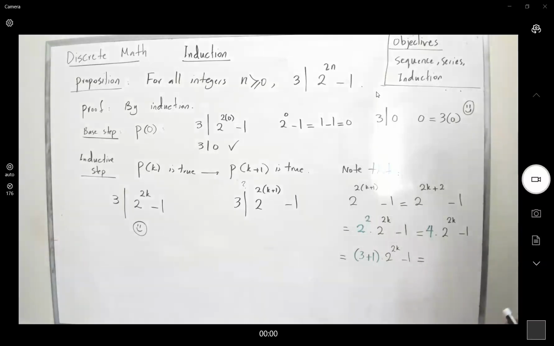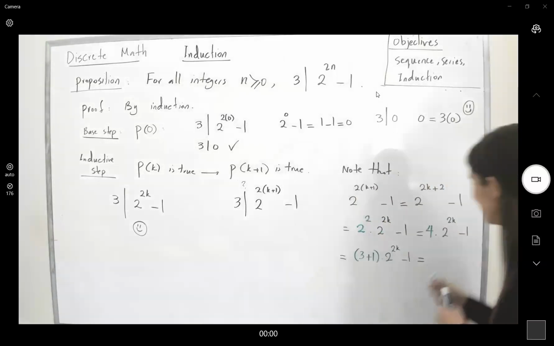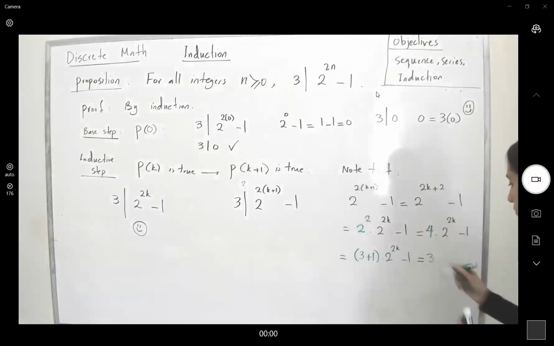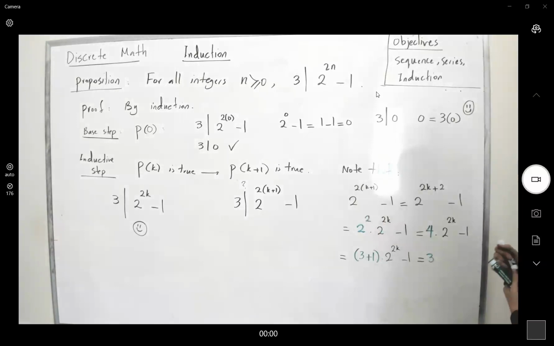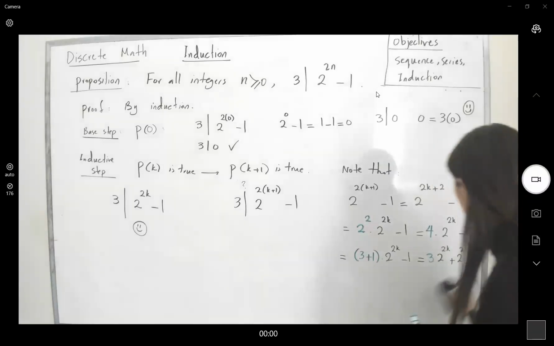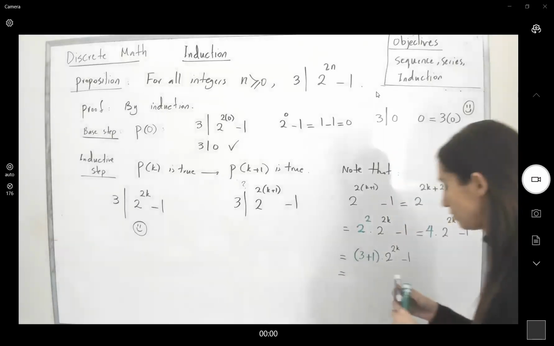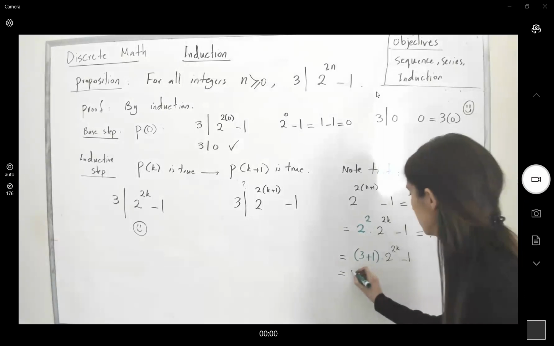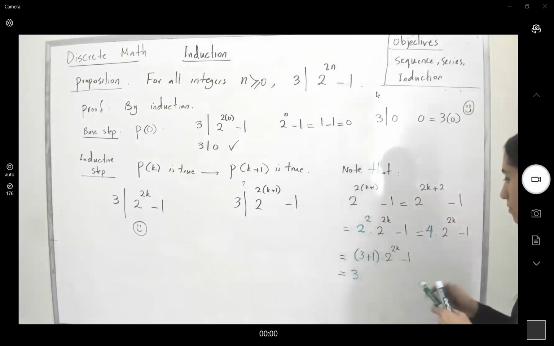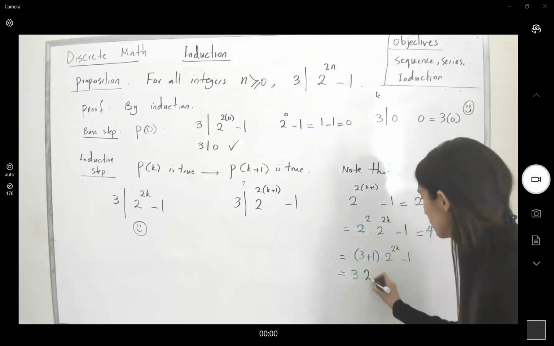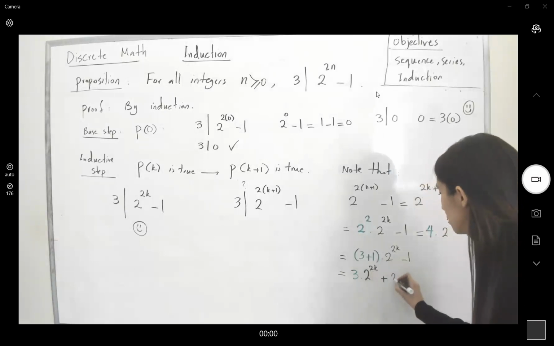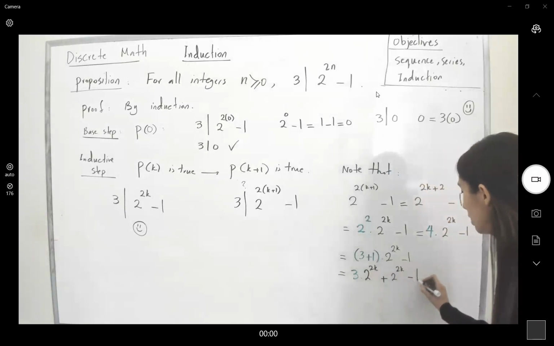So what I get is 3 times 2 to the 2k, plus 2 to the 2k minus 1. So let me write it here.